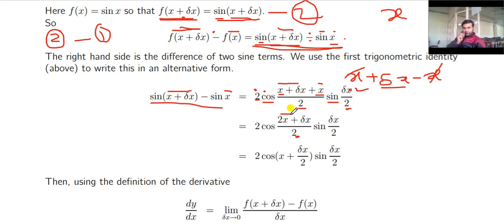So we write 2 cos((2x plus del x) divided by 2) into sin(del x by 2). We divide the numerator by 2, so 2x upon 2 will be x, and del x upon 2, and 2 cos of that, sin(del x by 2). So this is the solution of sin(x plus del x) minus sin x.